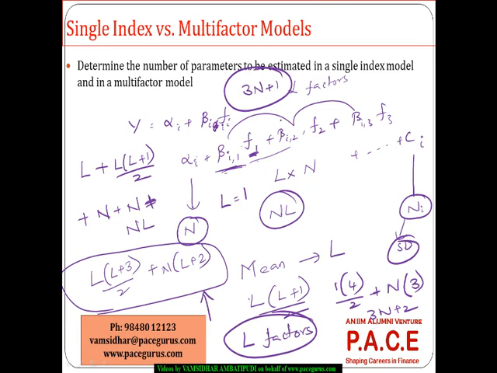Here it's not 3n plus 1 because I require one for the expected return of the market, and one I also require for the variance of the market return.